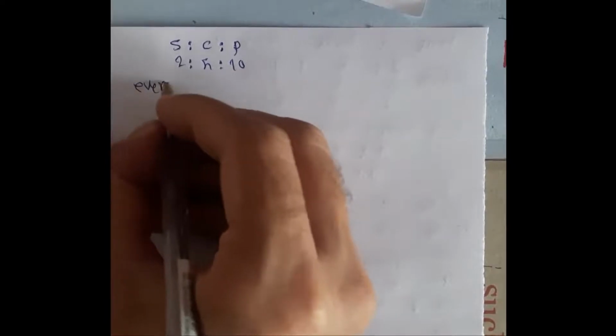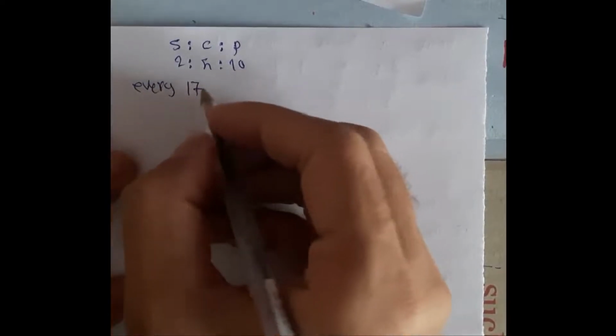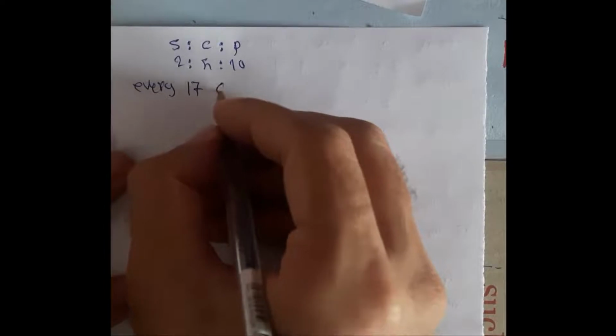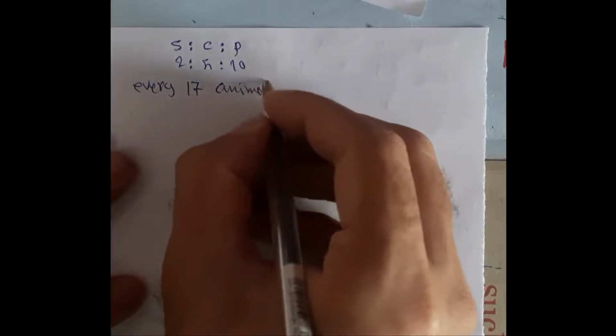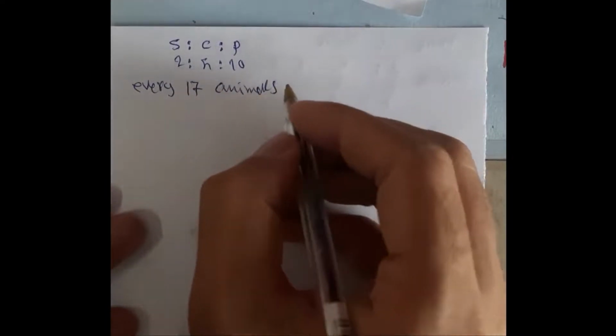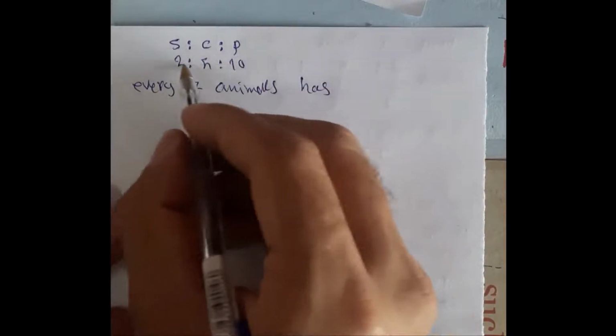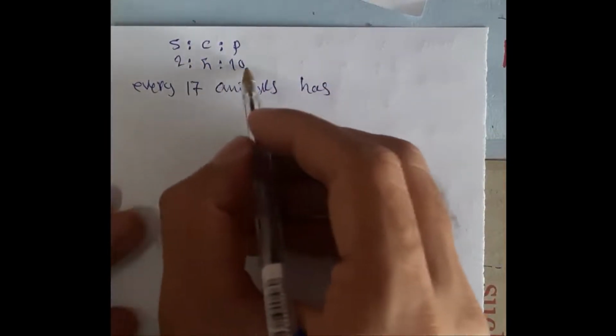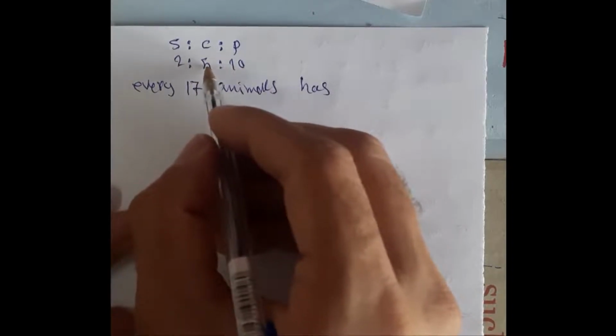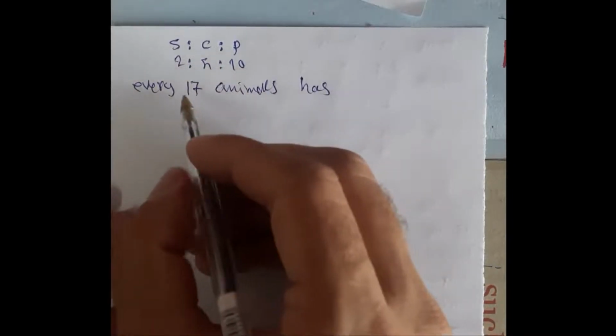If we add these numbers, 2 plus 5 is 7, 7 plus 10 is 17.